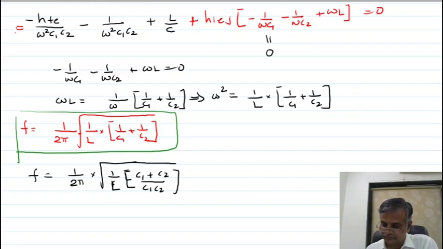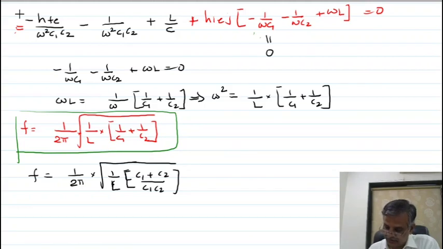Now let us put this value. Here I have to put 0, here I have to put 0. Let us derive the condition for sustained oscillation. Here, if I put this value 0 in this equation, this is 0, so the remaining part remains.